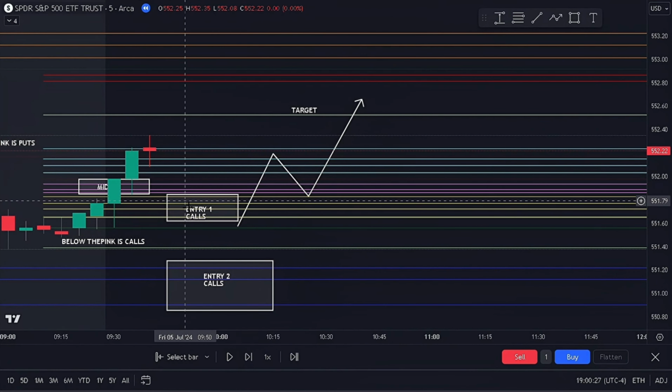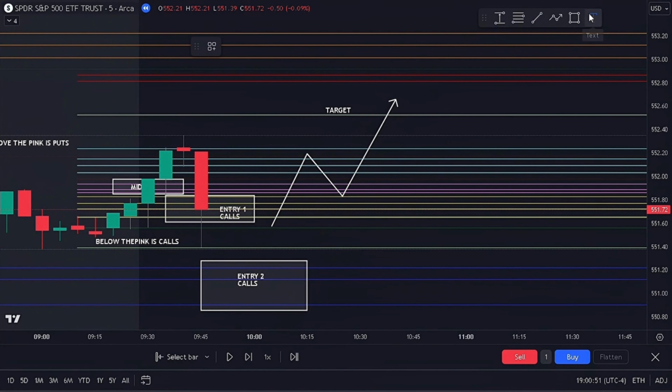And here we had a drop to your first area where you're going to enter for calls. Now, I like to follow a rule when it comes to sizing your position. I call it 25, 50, 25.